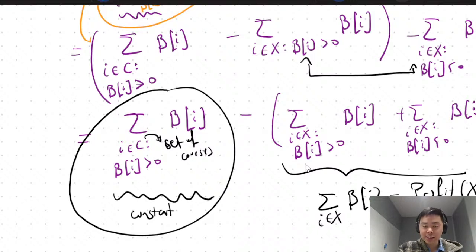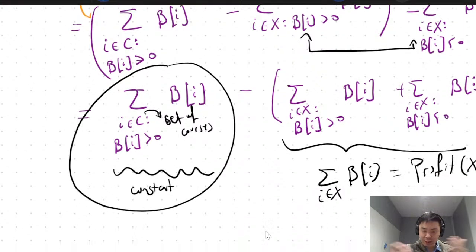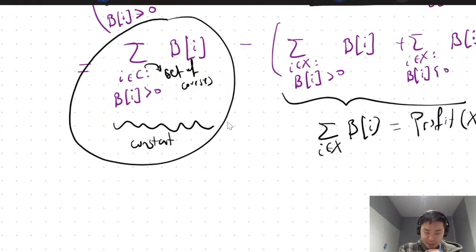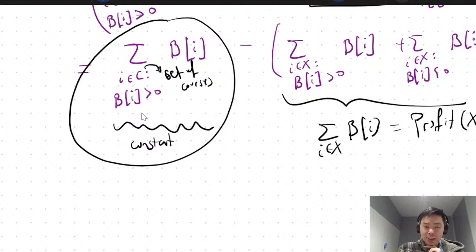But this is exactly just equal to the sum of all of my B of Is. So this is just the sum of all of the B of Is in X, and that's just equal to the profit of X. So now the question here is, what is this other sum doing here? And it turns out that this is actually just a constant in terms of my cut. So I can just pre-compute this if I wanted to.